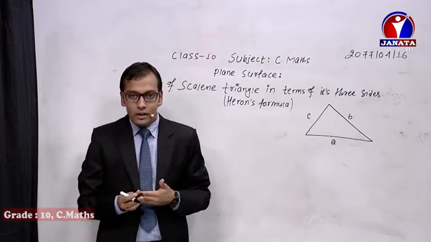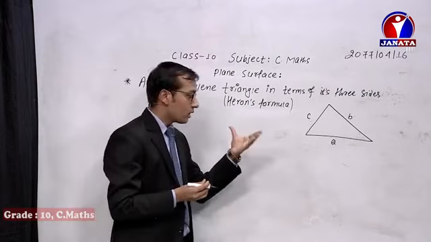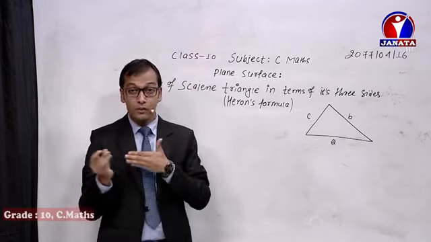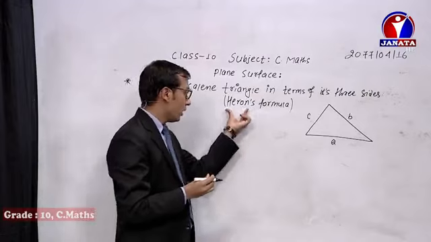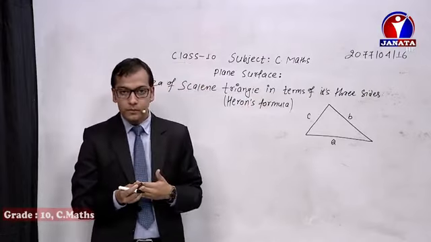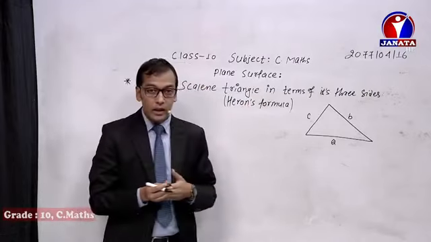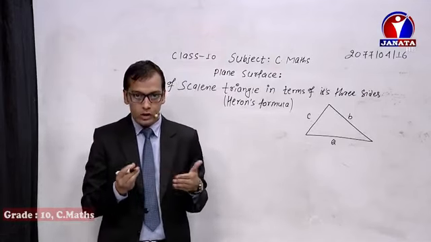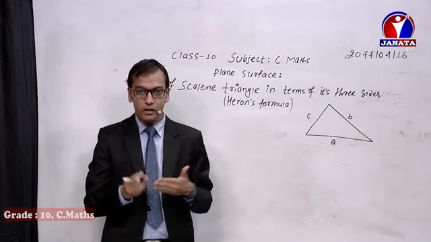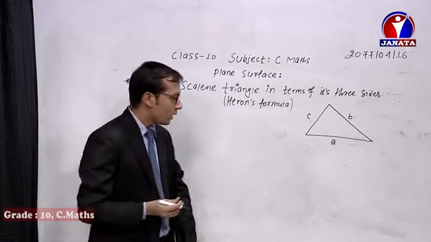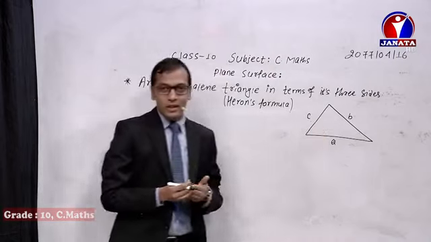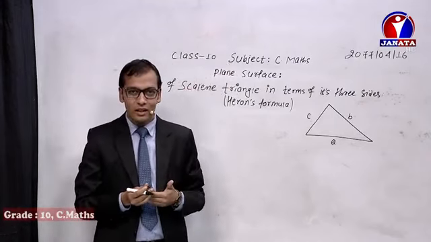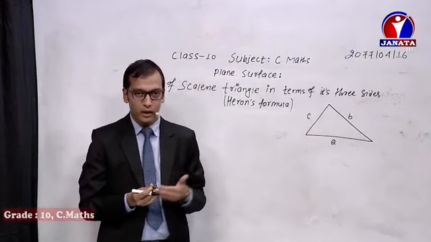While calculating the area of this triangle, we can use a formula, and it is called Heron's formula. We will write down the formula. Before that, let me talk about the important points that we need to know. What are a, b and c? a, b and c are the lengths of the sides of a triangle.